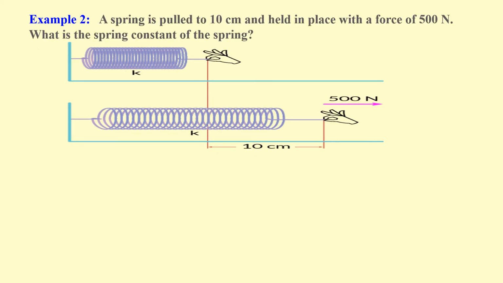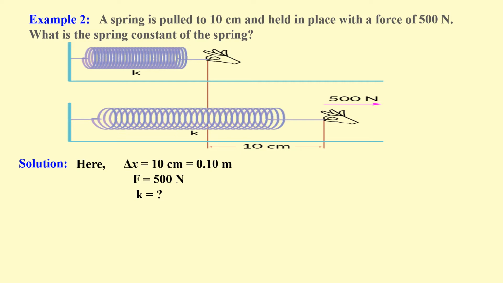Example number 2. A spring is pulled to 10 centimeters and held in place with a force of 500 newtons. What is the spring constant of the spring? Solution. Here, delta x equals 10 centimeters or 0.10 meter.